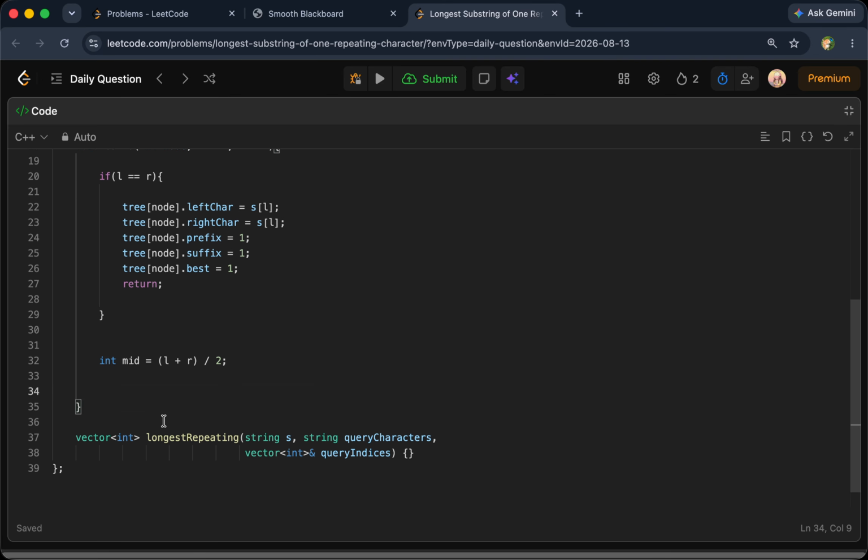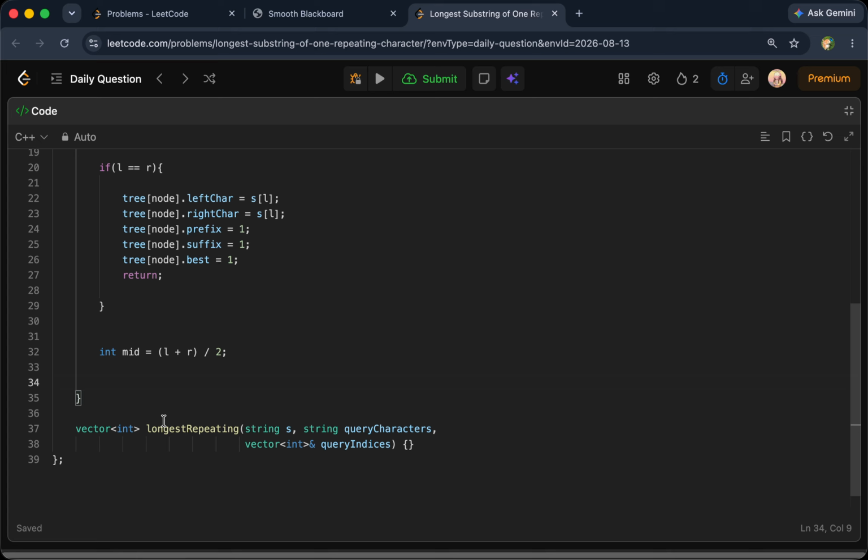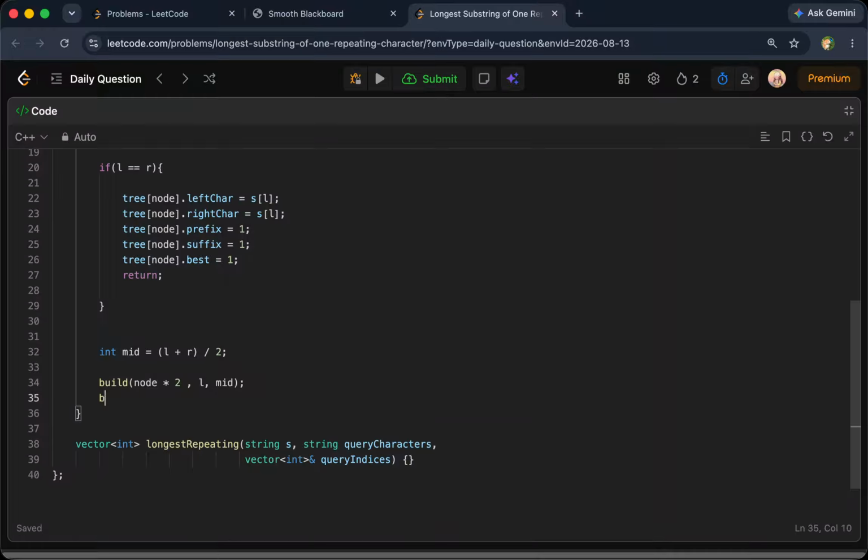Then build node into 2 with left and mid, and build node into 2 plus 1 with mid plus 1, then right. Okay, see, for example, with indices 0, 1, 2, 3, we divide 0 to 3 into 0 to 1 and 2 to 3.